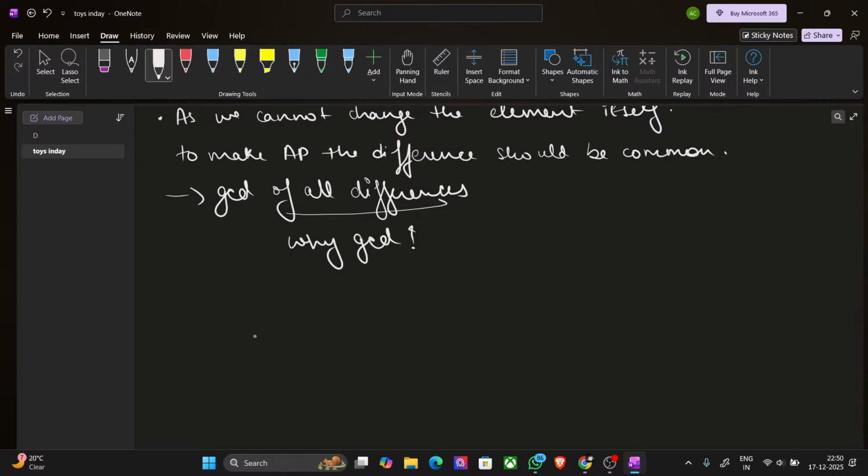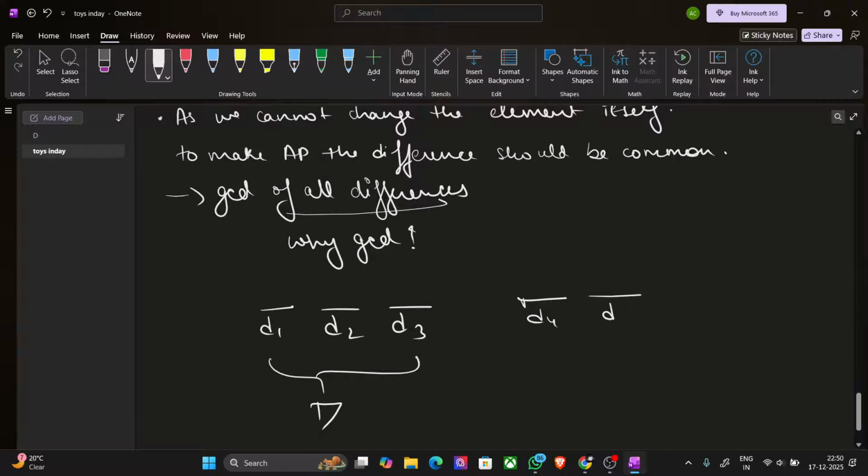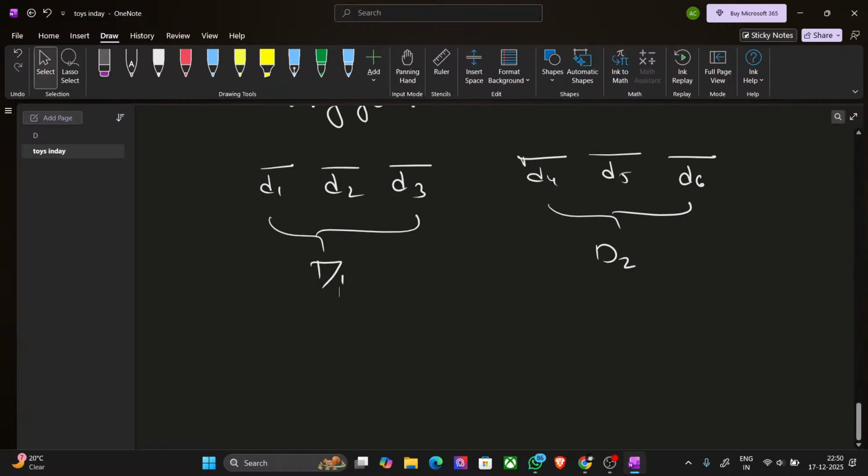Now, as you can see, if all the differences D1, D2, D3 are derived from a common difference, let's say capital D, and D4, D5, D6 are derived from capital D2. This is D1 and this is D2. Now, both of them are different. D1 is not equal to D2.